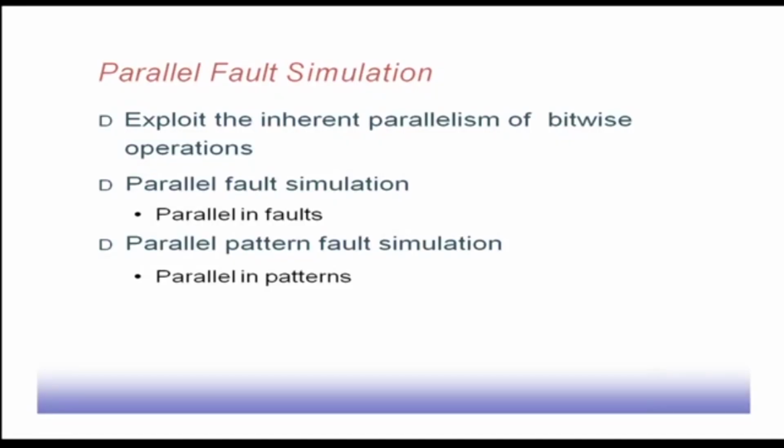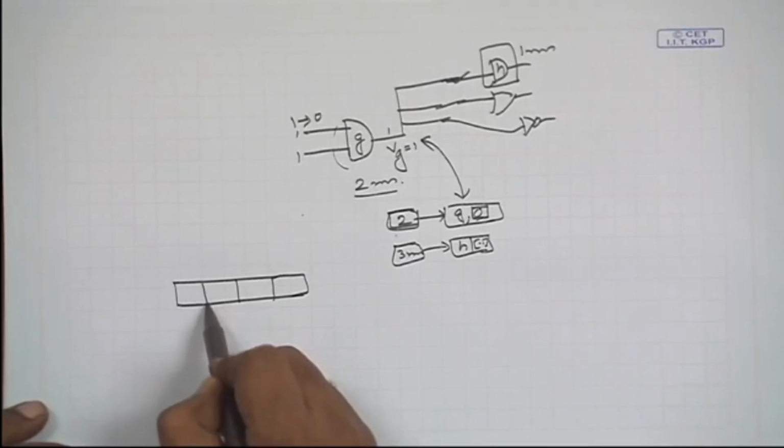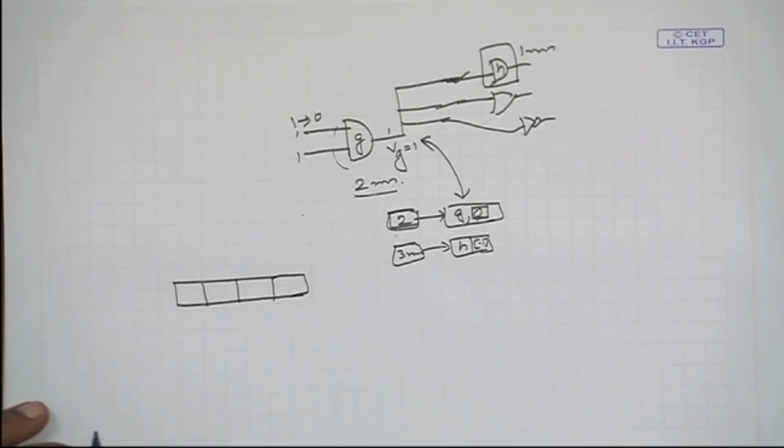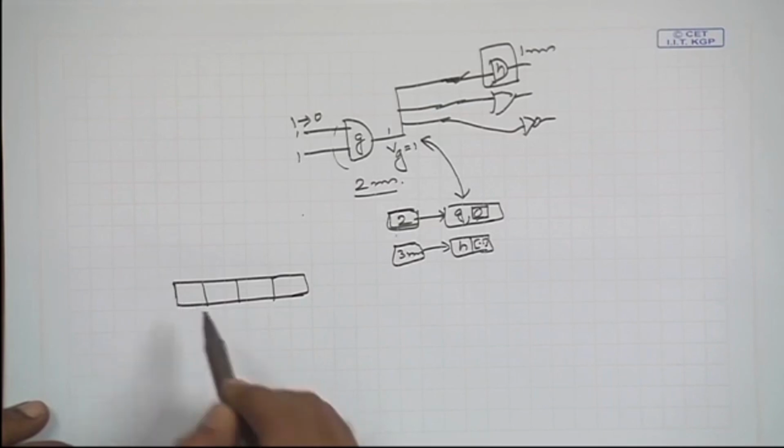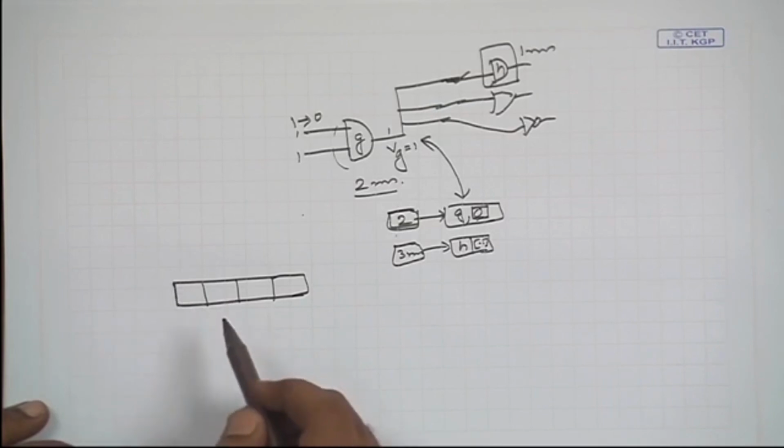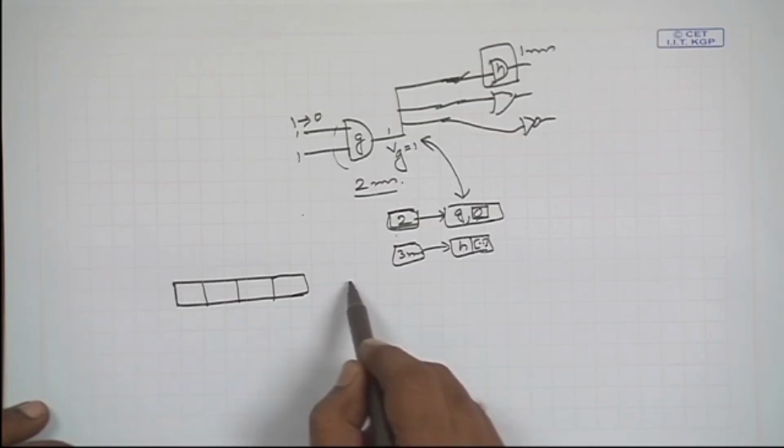Now, there are two variations possible. One is known as parallel fault simulation, and another is parallel pattern fault simulation. Suppose I have a W-bit word in my computer, say a 4-bit word. For every signal line we have this particular word available. Suppose this is one AND gate.